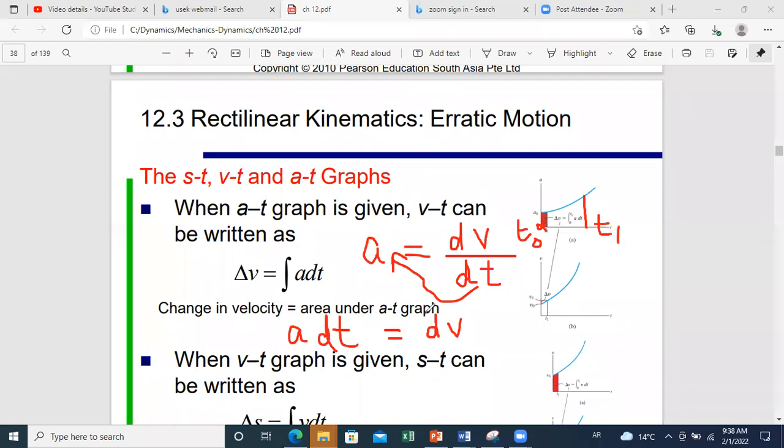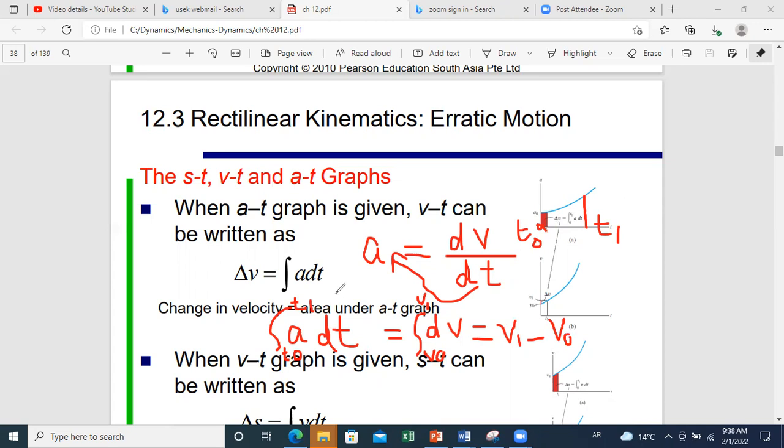So if I integrate this relation between v0 and v, and this relation between t0 and t, and I try to do a graphical interpretation: integrating between t0 and t1 corresponds to v1 minus v0. And graphically, how can I determine the integral of a dt between t0 and t1? What should I do?